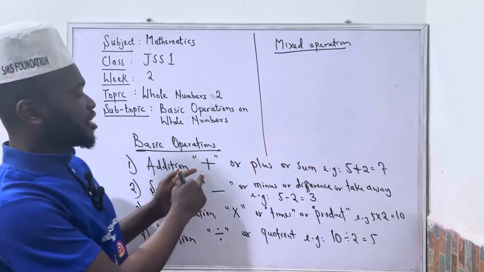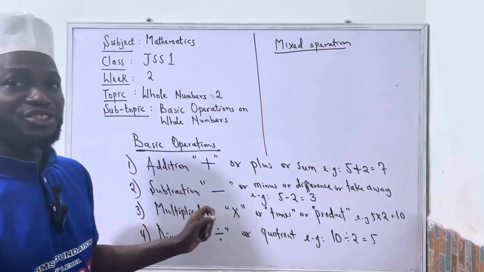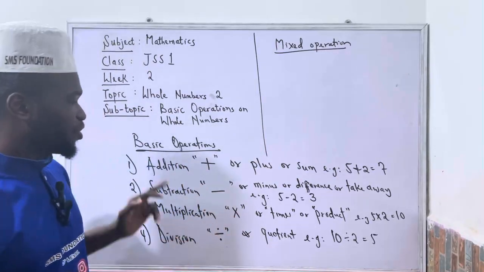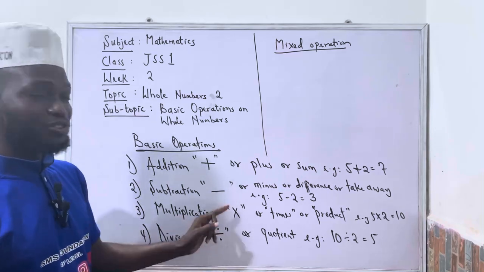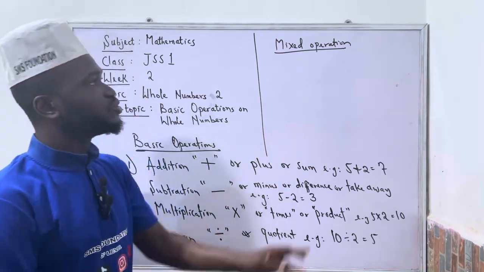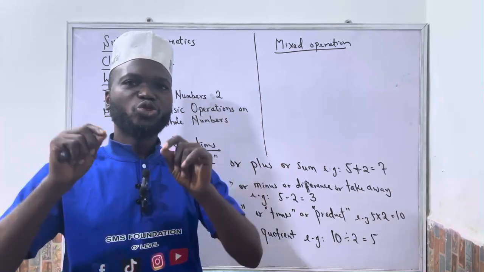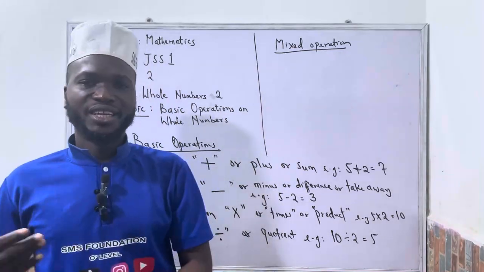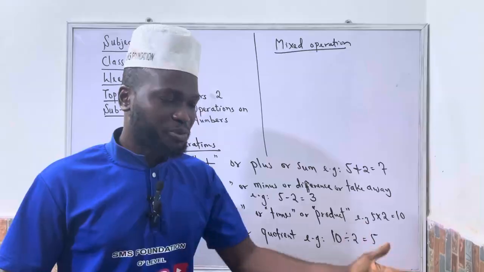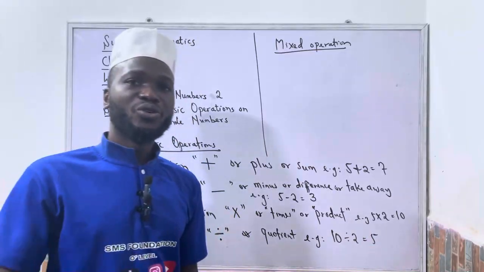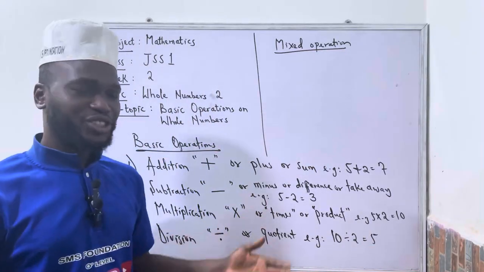Sometimes you can have the combination of addition and subtraction in a single question, or multiplication and division. You now need to know which one you are going to treat first. Are you going to go for the multiplication before the division, or the division before the addition?